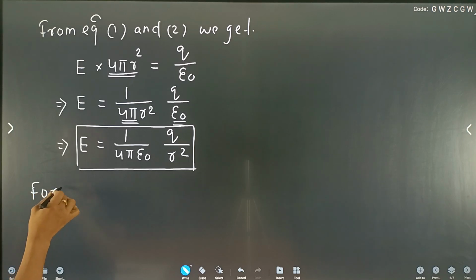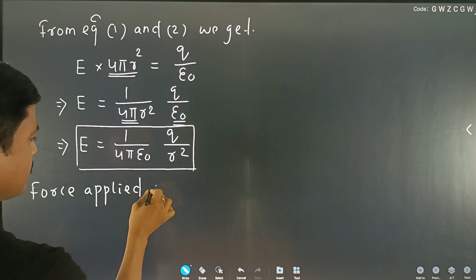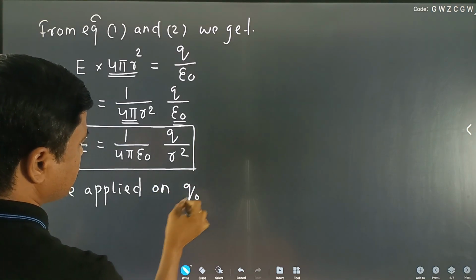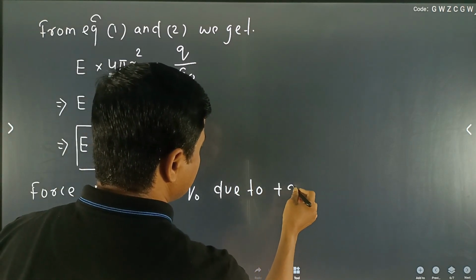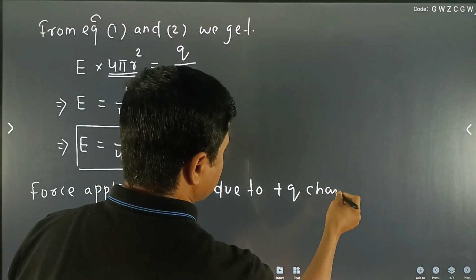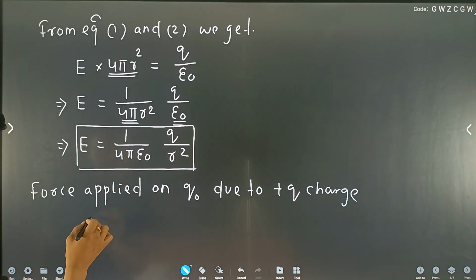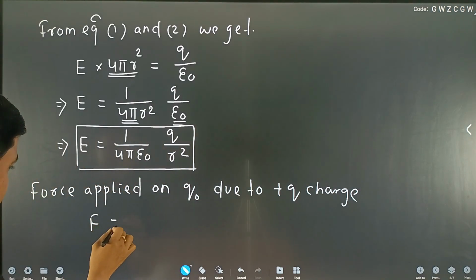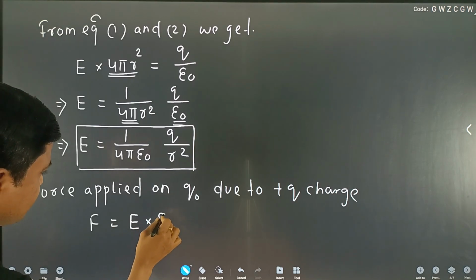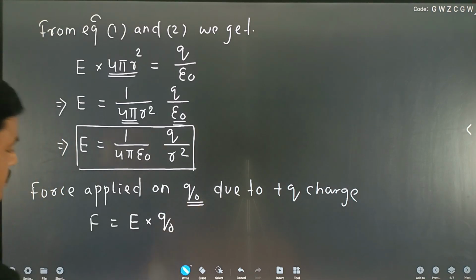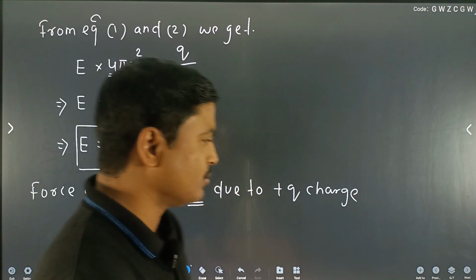The force applied on Q0 due to the plus Q charge is equal to, we know the formula for force, F is equal to electric field multiplied by the charge Q0, so we write F is equal to E multiplied by Q0.